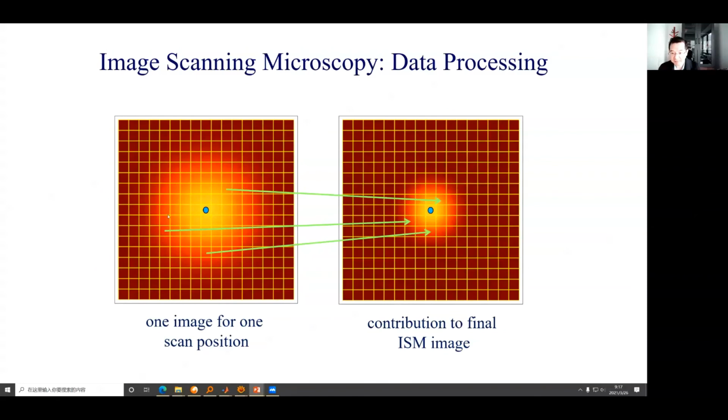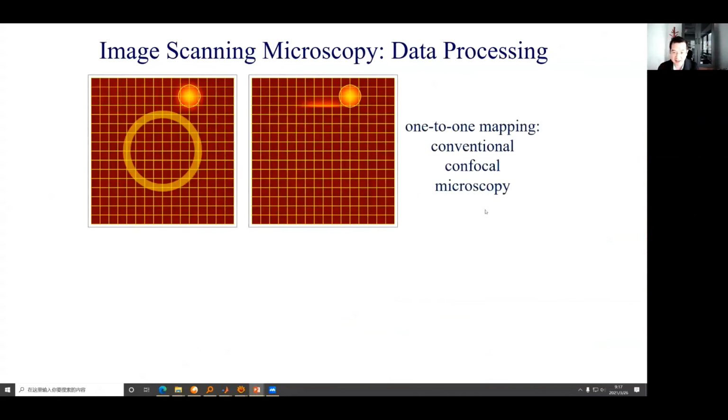So in one image for one scan position, it is located here, and the detector image is then shrunk by half, reduced to half size, and contributes back to the ISM's image. And it works like this.